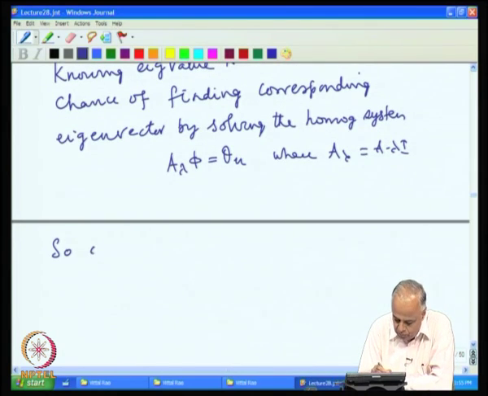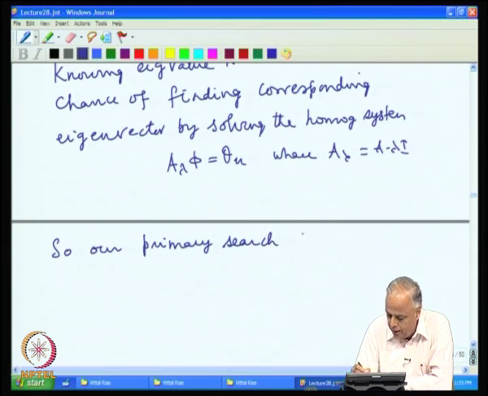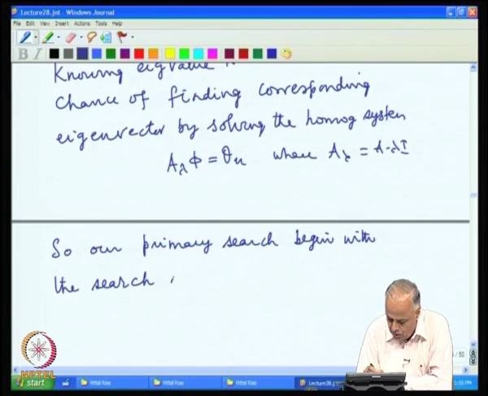So, our primary search begins with the search for the eigenvalues of A.